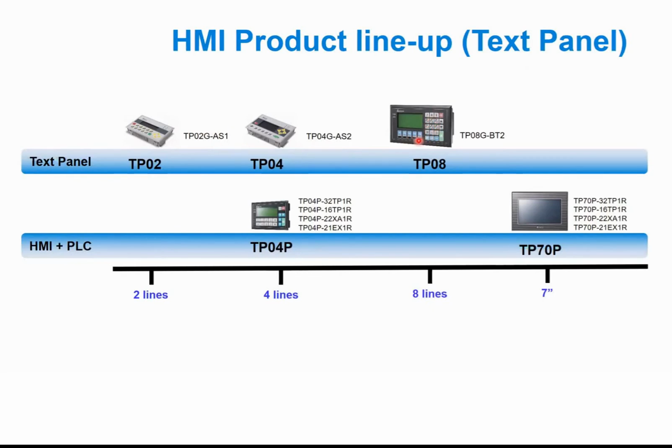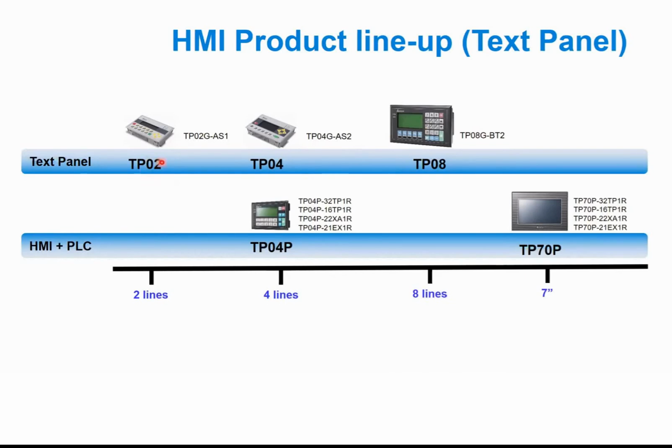For example, if you want to turn on a machine, let me say a pump, and you have connected this pump to this HMI, you can only start that pump when you press one of these buttons. You assign this button to start that pump, but you cannot touch this screen to control the pump. So that's why we call it text panel.